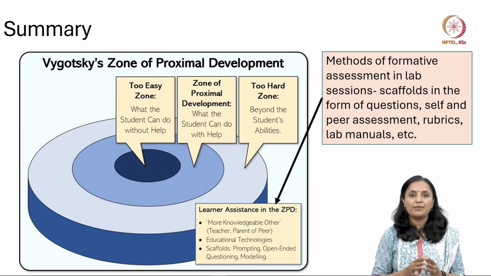Similar to this, whatever aspects of formative assessment we have discussed in this unit, whether in the form of questions, self and peer assessment, rubrics, or lab manual, all of these will help students learn better, and they will help students build anything in their labs in a more independent manner. In our next unit, we will be discussing a few methods of formative assessment for projects.